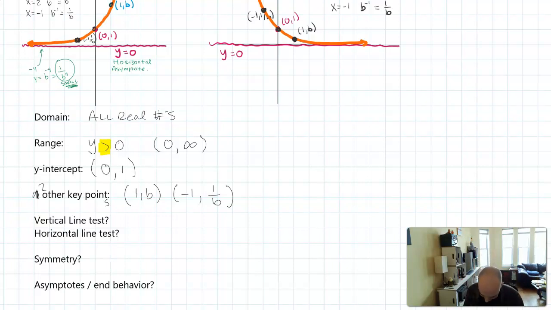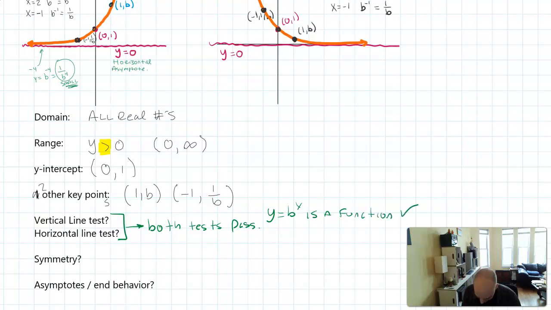We can look at the vertical and horizontal line tests. Notice that both are passed. Which means the vertical line test says that y equals b to the x is a function. Check.